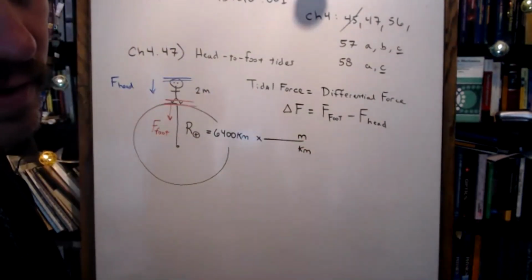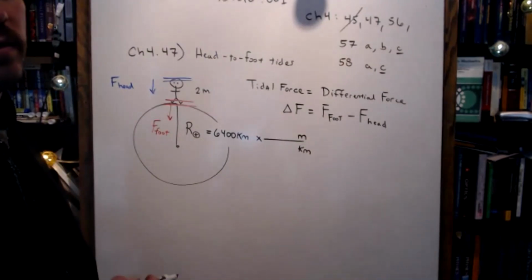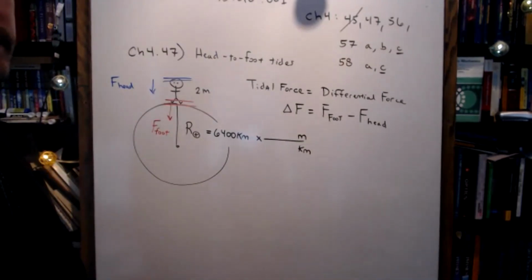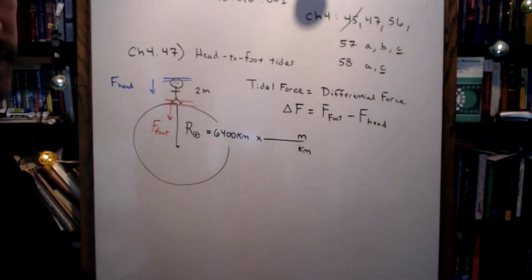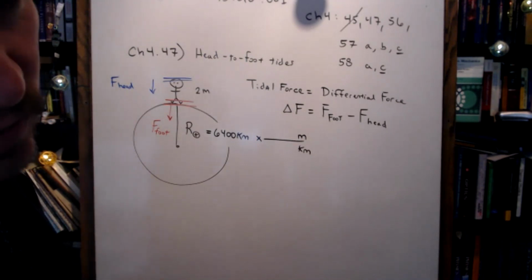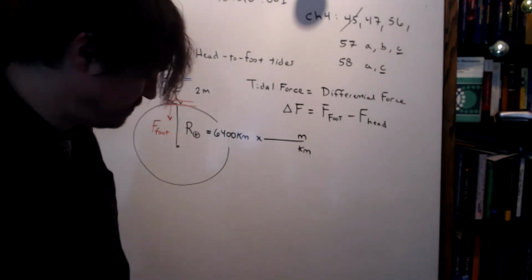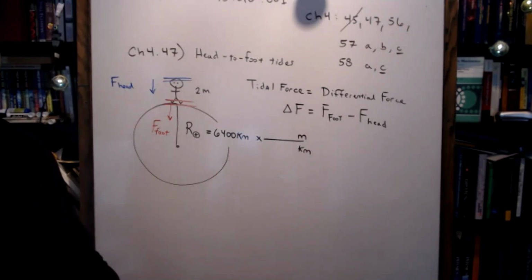Wait, is it meters to kilometers? Yeah, you said 1 meter is 1,000 kilometers. That makes me nervous. Oh, I was thinking of kilograms.